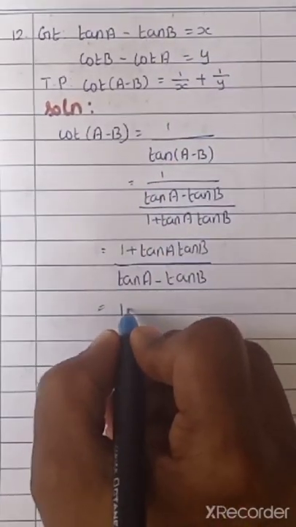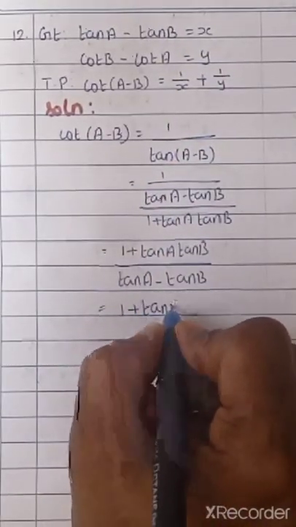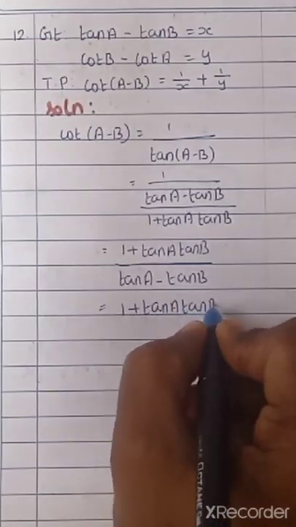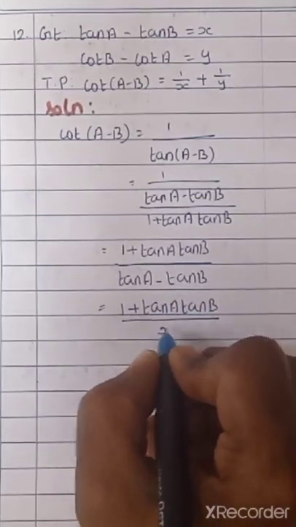So we can write that as (1 plus tan A tan B) divided by x.